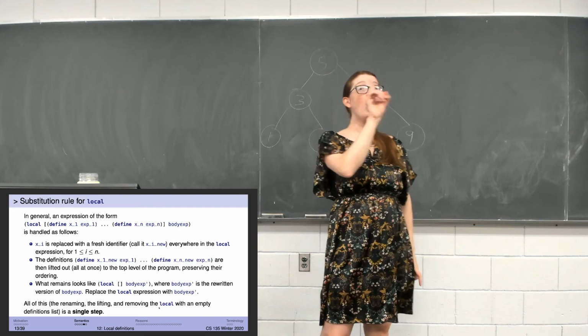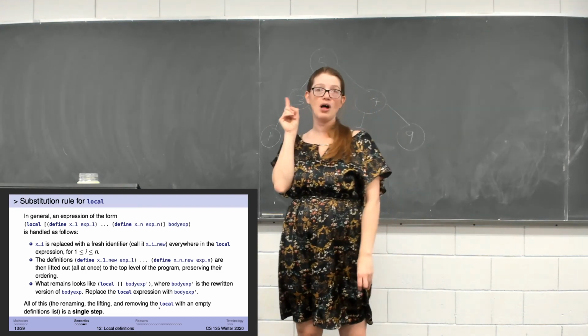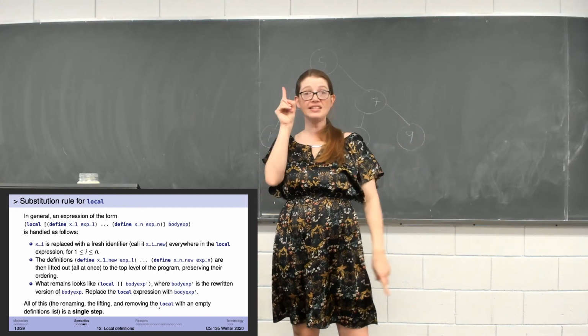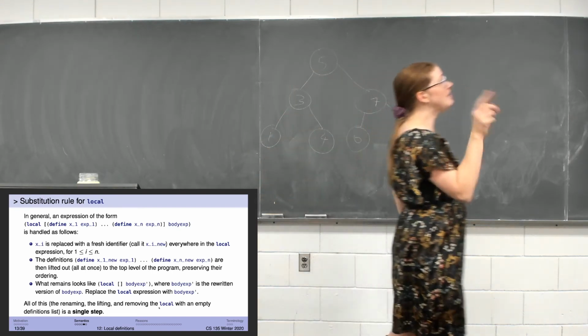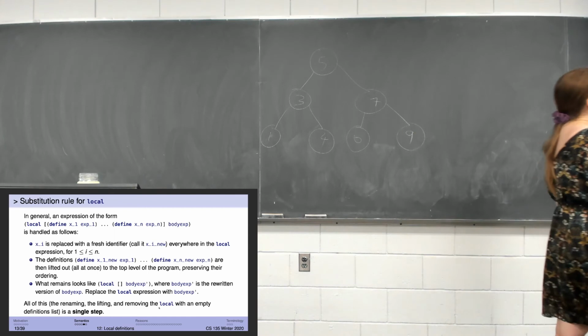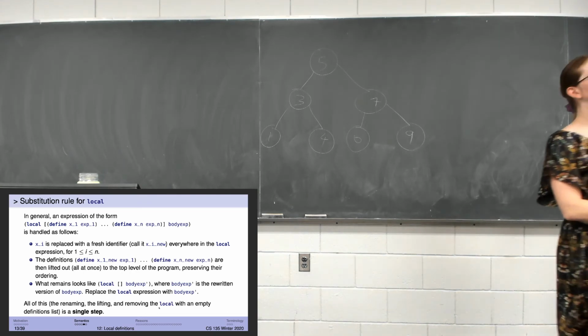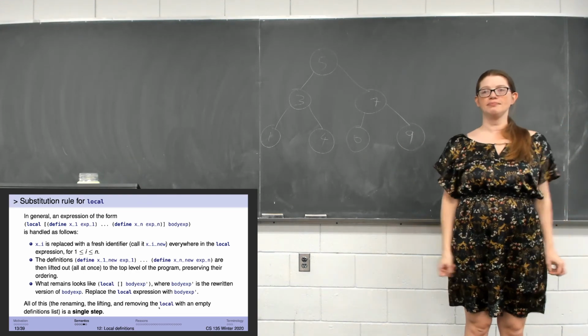In one substitution step, all of the stuff on this slide is going to happen, and it's a lot. One step. The first thing that you have to do is replace each of the identifiers, that's the names, with a unique name. Not only in the defines, but anywhere where those were used, you're going to replace them with a new name.